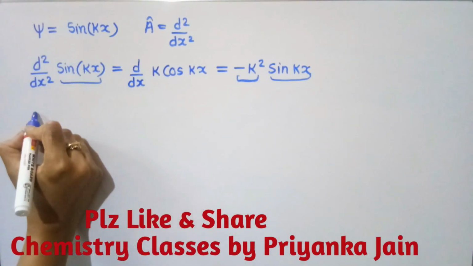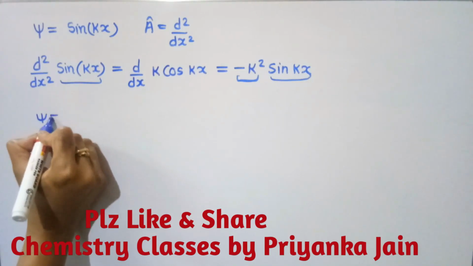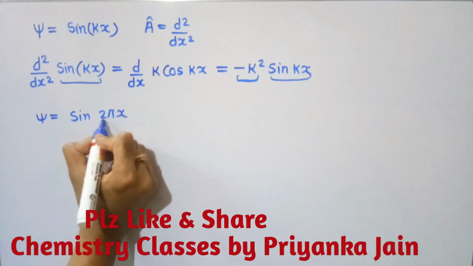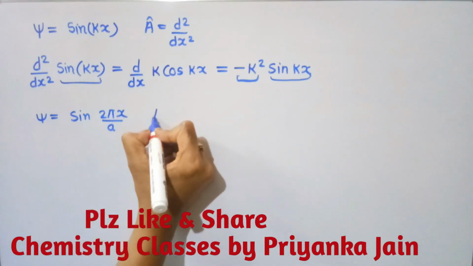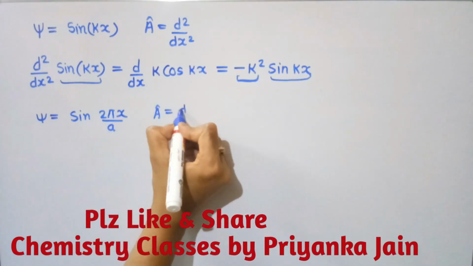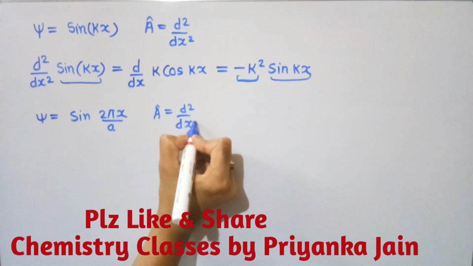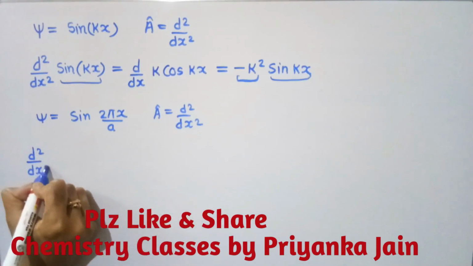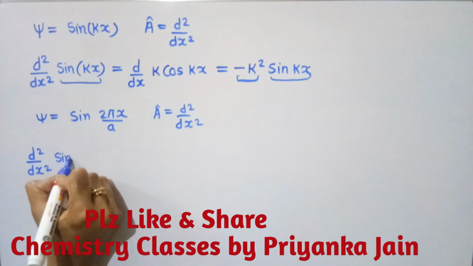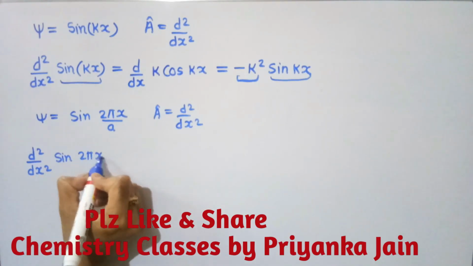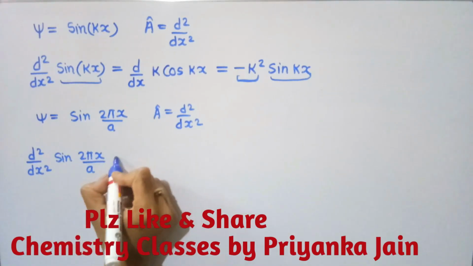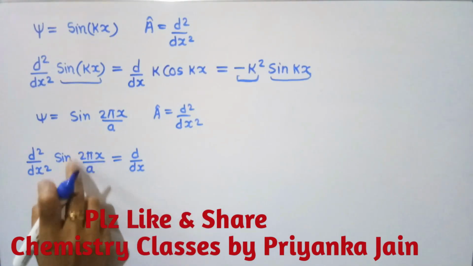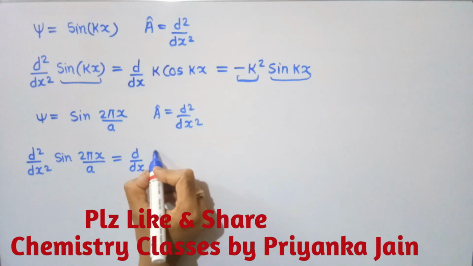Similarly, if we are given another function, psi is equal to sin 2 pi x by a, and our operator is again d square upon dx square, then put in the values and check it out. By the first differentiation, this is the constant term, so we have to write it here.